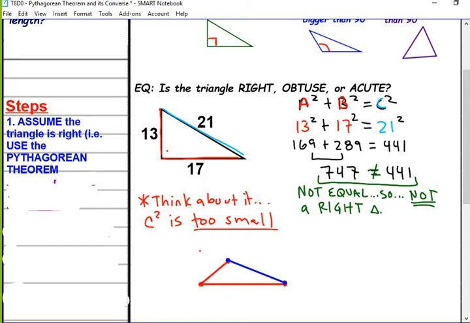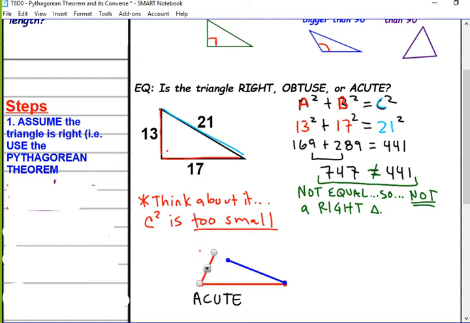It's not perfectly to scale, but you have to work with me on this. Because the hypotenuse is too small, this outside leg has to kind of bend in, and that makes an acute triangle.